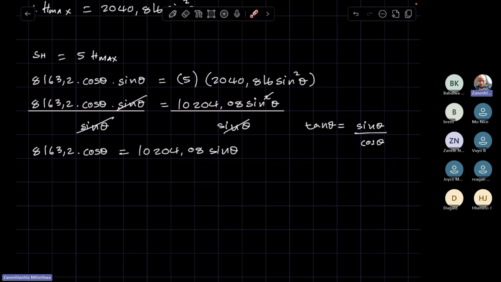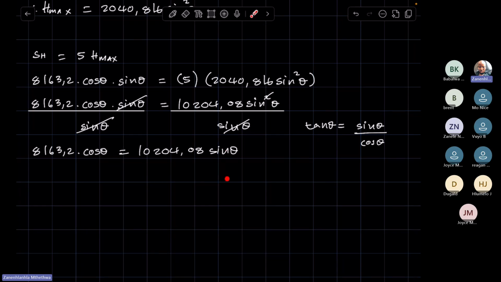So meaning, we divide both sides by cos theta. That way, on the right hand side, you will have sine theta over cos theta, which is tan theta. And then we also have to get rid of this, so we divide by this both sides as well. So essentially, we divide by 10204,08 cos theta. Let's divide this by that.